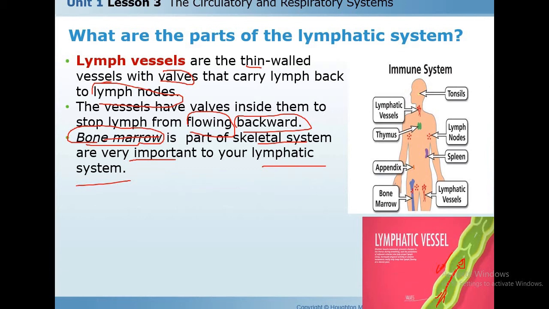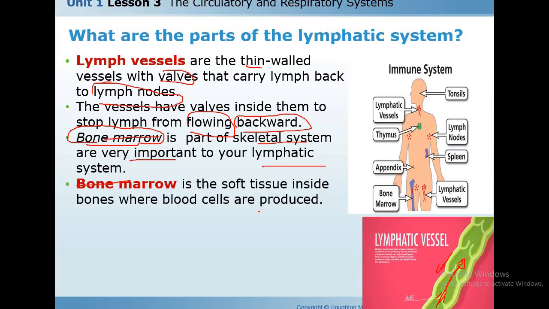The function of the bone marrow is to produce blood cells, white or red. So bone marrow is a soft tissue inside bones where blood cells are produced.